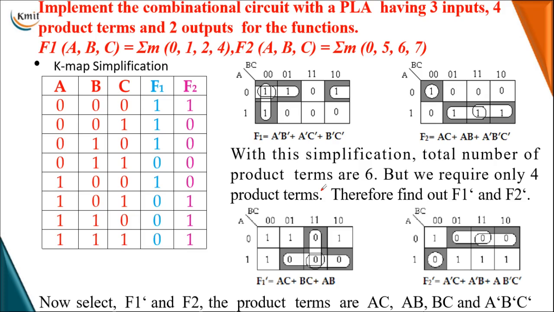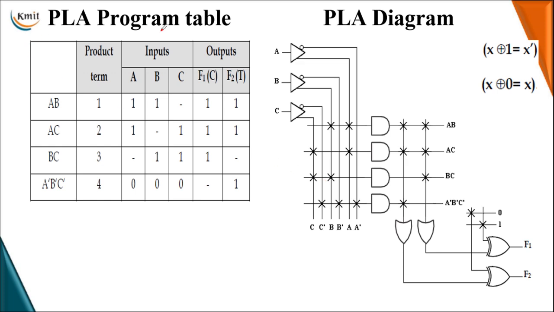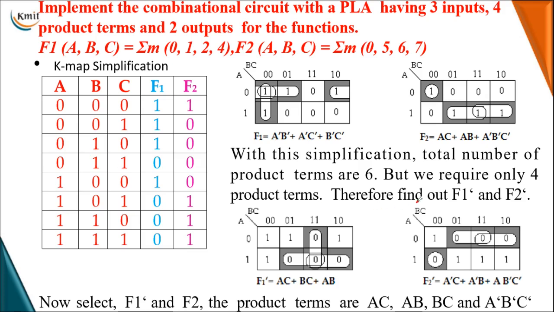The complement of F1 will have AC plus BC plus AB. F2 is AC plus AB plus A bar B bar C bar. Now let me write the PLA table with only the 4 product terms. Since the common terms are AB and AC, here we have only AB, AC, BC and A bar B bar C bar.